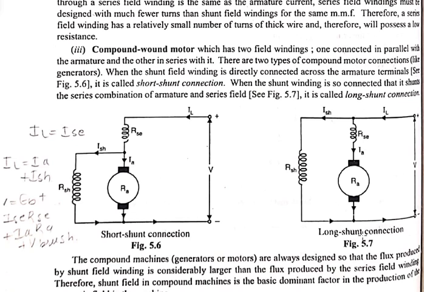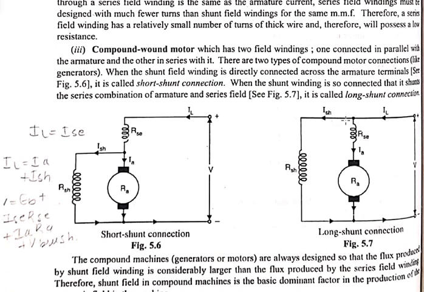In case of a long shunt motor, we have the applied voltage V and the load current. In this case the connection would be such that the series part is in series with the armature winding, and the parallel part is parallel to the combination of the series and the armature winding. So whenever the load current comes to this node, it will get divided into two parts.